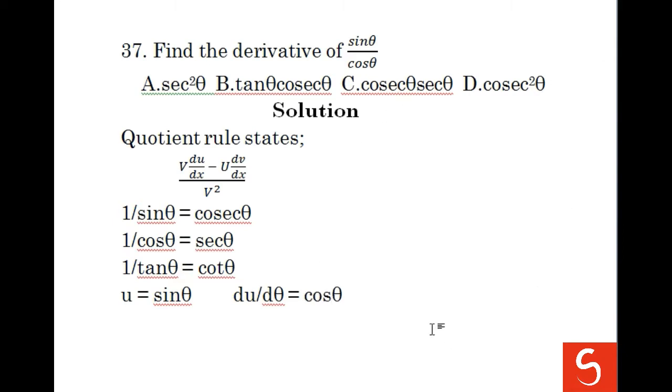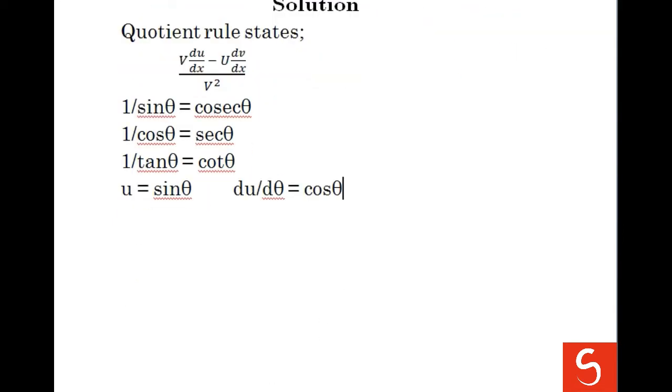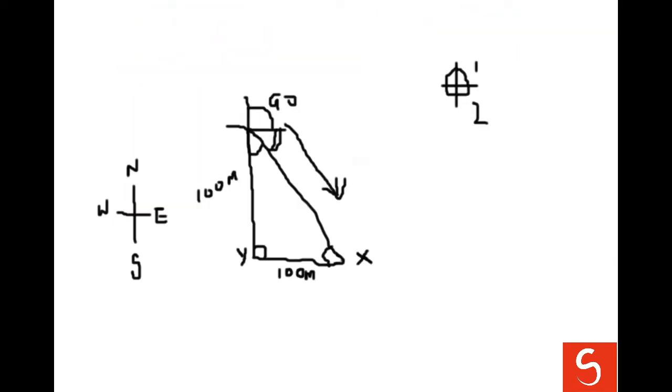I notice that people usually have a problem with differentiating these trig functions, so let me show a quick thing here. This is sine, this is cos, this is negative sine, and this is negative cos.